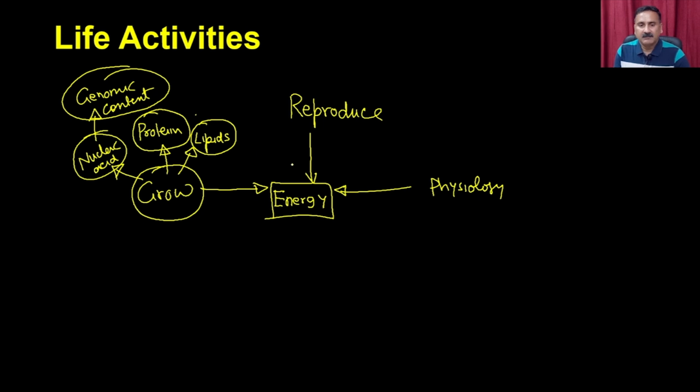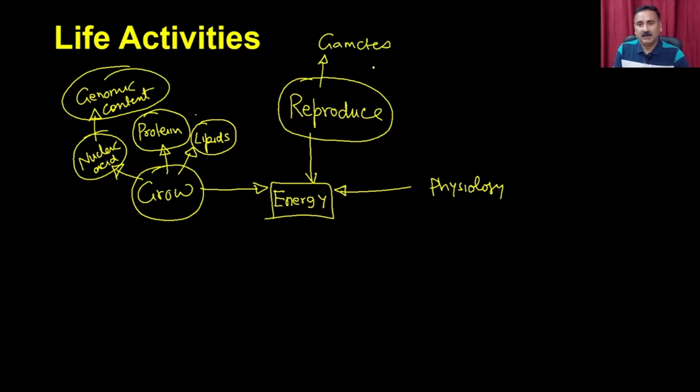Similarly, when the organism wants to reproduce, it also has to generate the gametes, right? So it also has to produce the gametes. In higher organisms, you could actually have the different types of gametes.